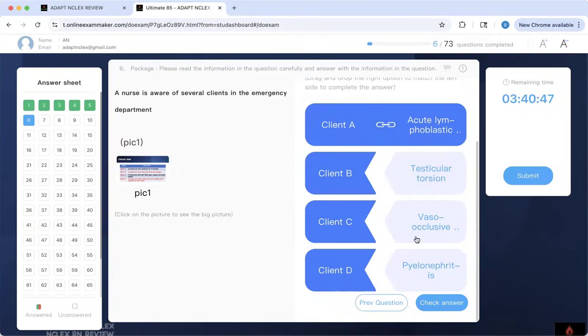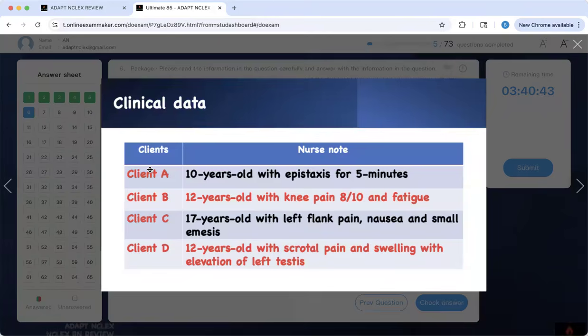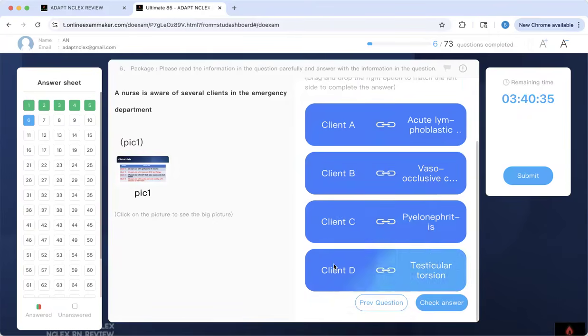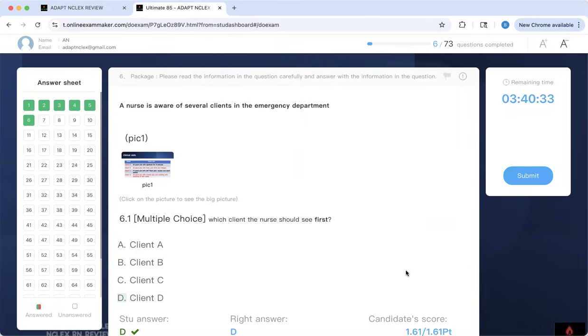We know this is sickle cell, so vaso-occlusive crisis. A 15-year-old and a 17-year-old with flank pain, nausea, and small emesis. This is pyelonephritis, and this is testicular torsion. So this is how you go through them. Yes, 6 questions. You see these all the time. You just have to be careful as you go through them and master them.